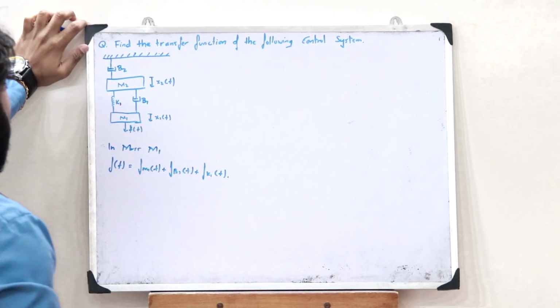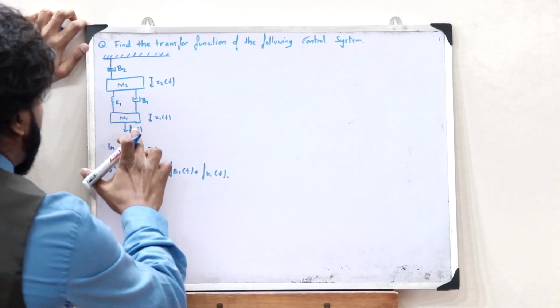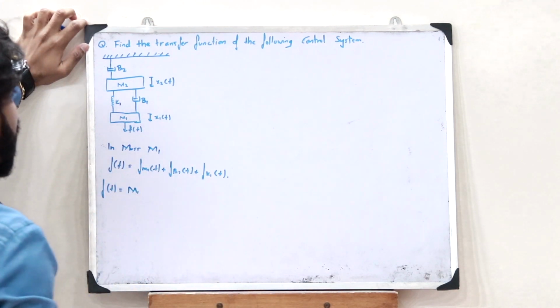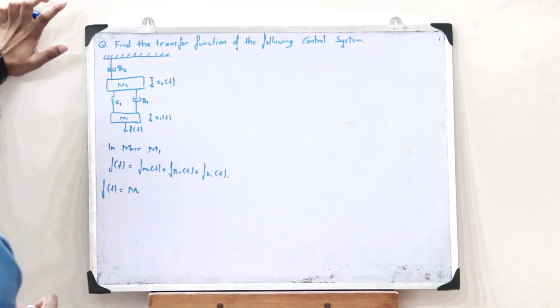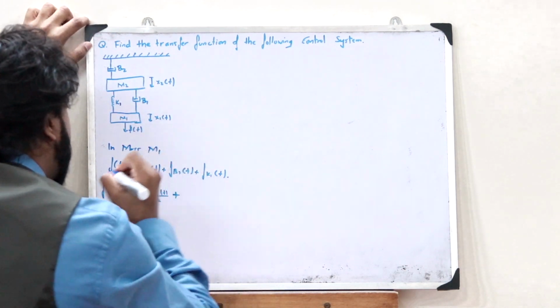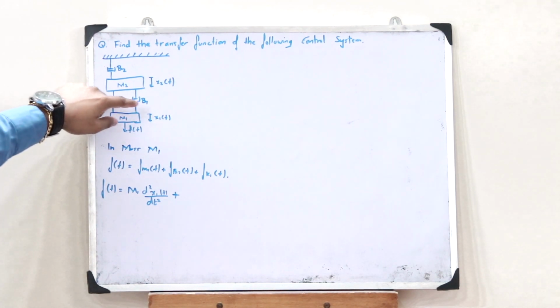So now here what we observe is that F of t is equal to the force on this particular mass is given as this particular mass m1 into the acceleration, that is d squared x1 of t by dt squared. Plus now here we have the restoring force developed on this particular damper.